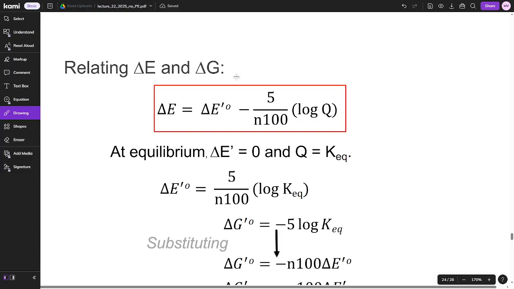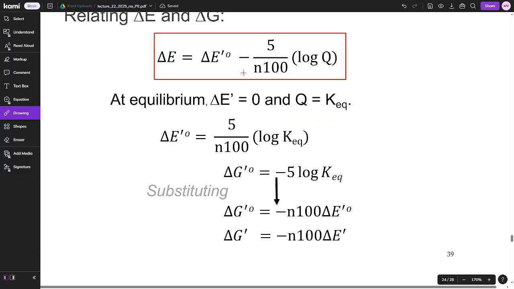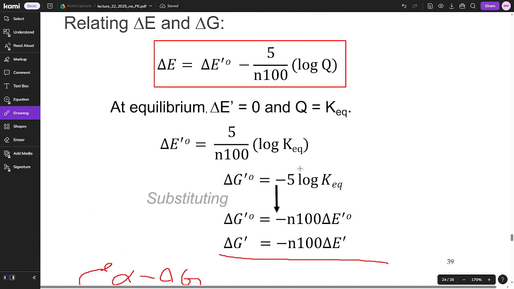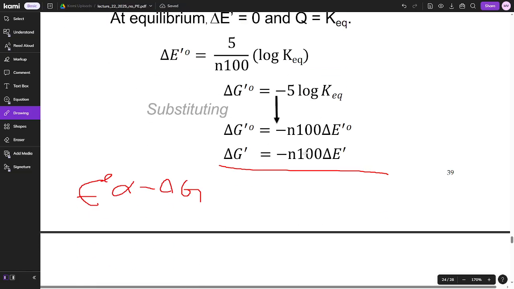And so if you do the whole relation of delta G and E, you get this. And that makes sense because we were just talking about how E is going to be proportional to negative delta G, right? So this makes sense. Do you have to know how these equations are derived?